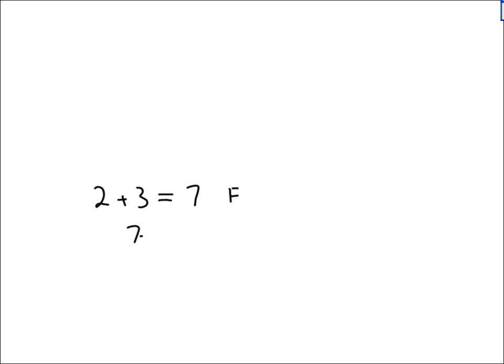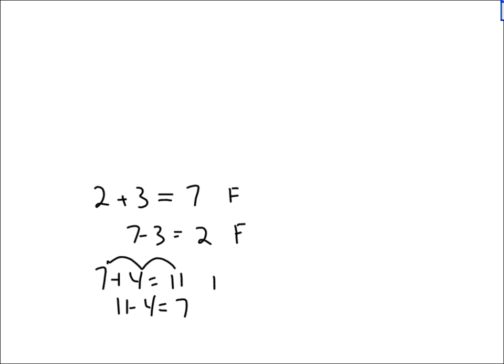False. 7 minus 3 does not equal 2. 7 plus 4 does equal 11, and 11 minus 4 does equal 7. They're either both true or both false. They're the same statement. A plus B equals C if and only if C minus B equals A. If you made a truth table, they would look exactly the same.